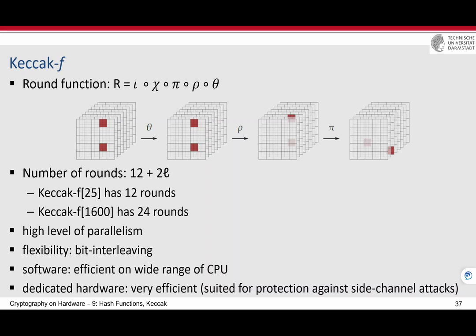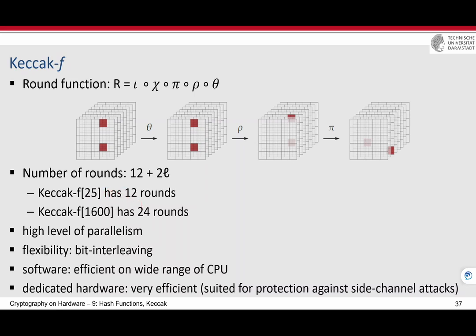Yeah, the number of rounds will be 12 plus 2L, and as we said, L is the log 2 of W, and W was B divided by 25. In this toy version with B equals 25, we had only one slice.